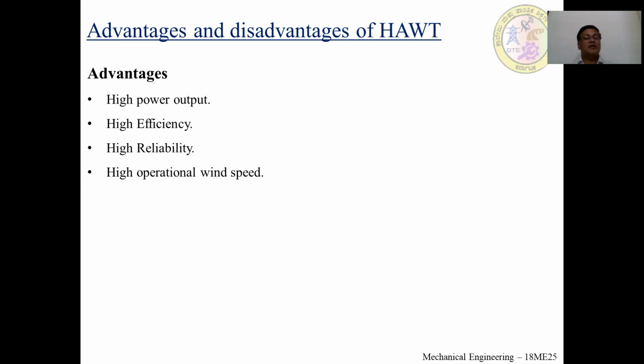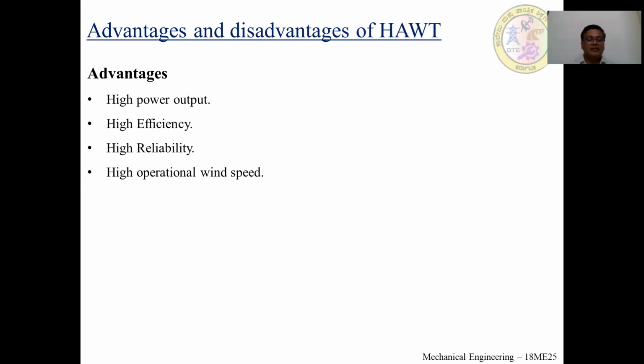First we will pick high power output. Normally, horizontal axis wind turbines are built with higher capacity, ranging from 2 to 8 megawatts, depending on the requirement.